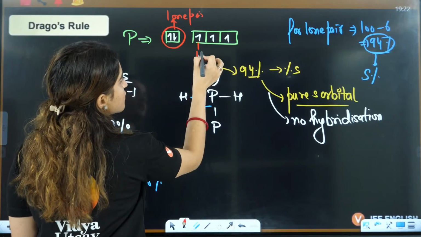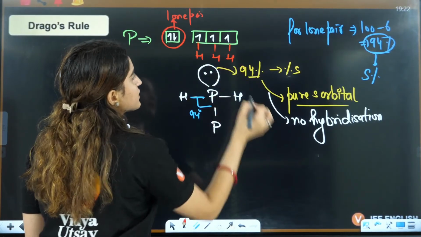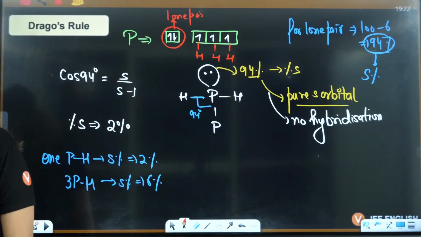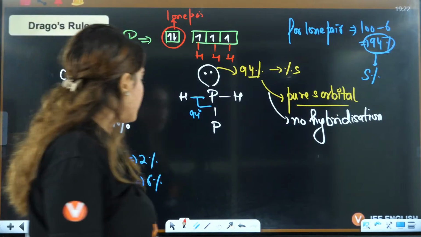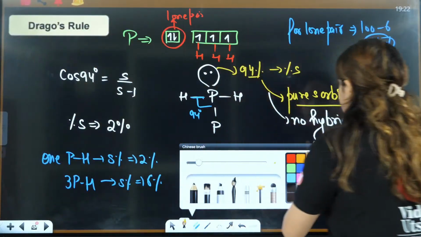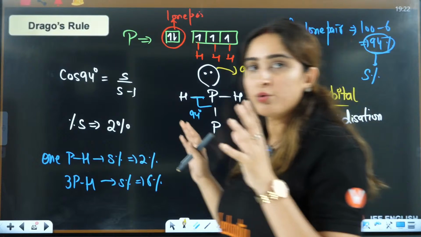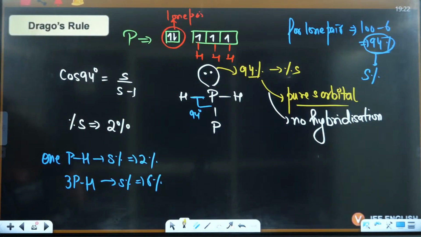Got it? Understood? So this is what we define in Drago's rule, guys. Tell me if that is clear or not, right? Okay. Yes, everybody.